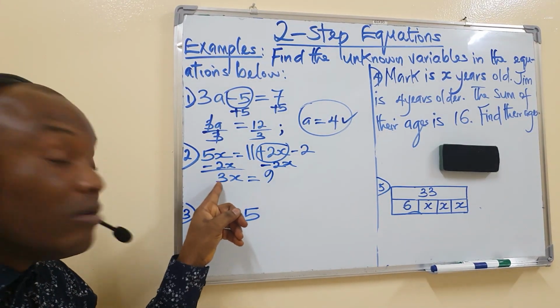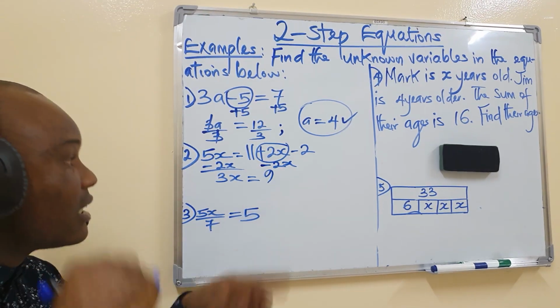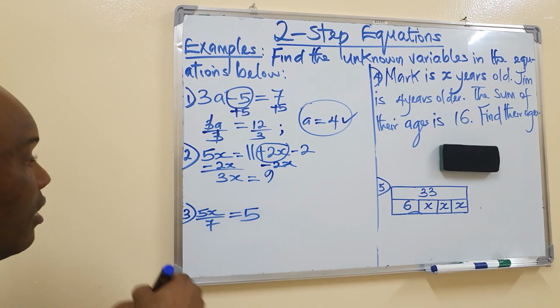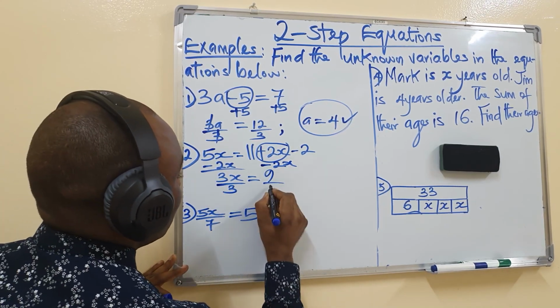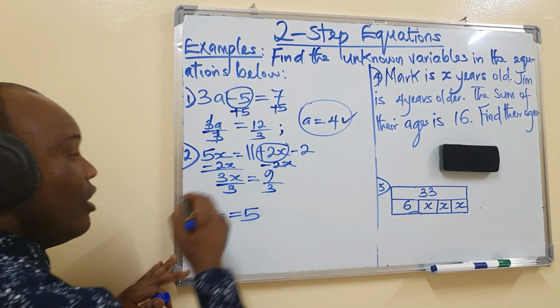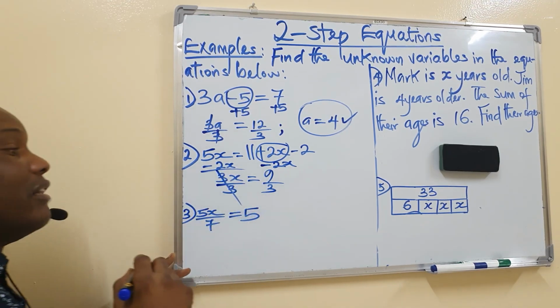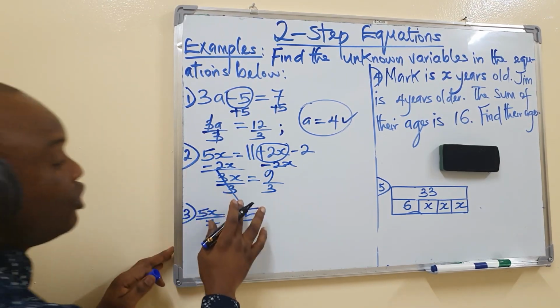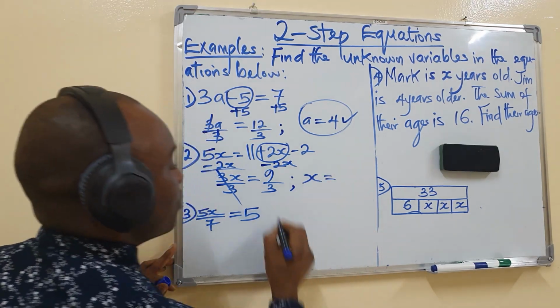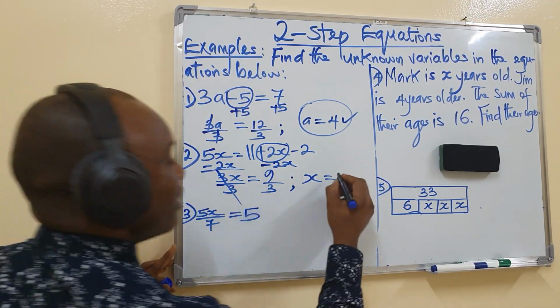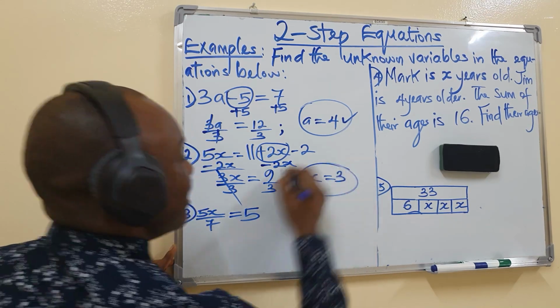So the only way to remove the 3 is by using the opposite of times, which is divide. Hence, I will divide the left-hand side by 3 and do the same to the right-hand side, divide by 3. On the left-hand side, the 3 on the numerator divides the 3 on the denominator. So you are left with just x. I'll write it this way. x on the left is equal to 9 divided by 3 on the right, which leaves you with 3. So our answer here is 3.